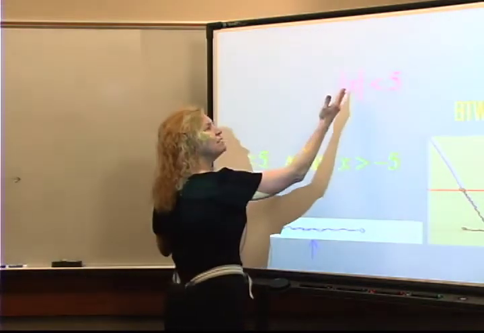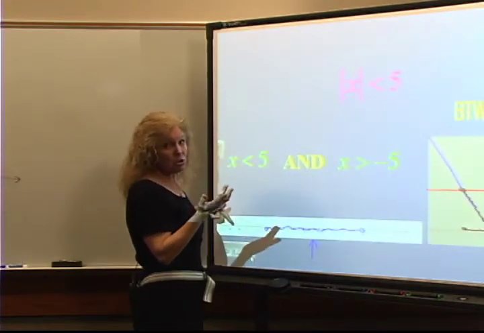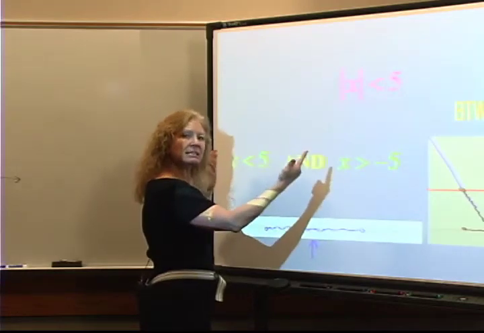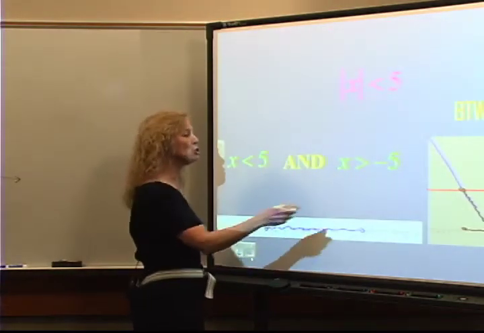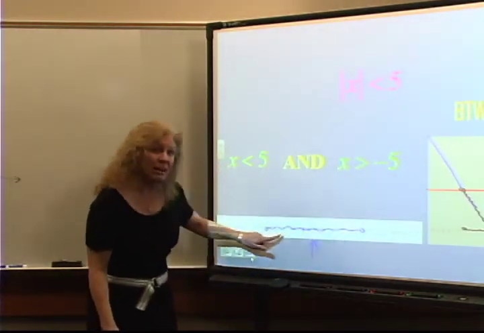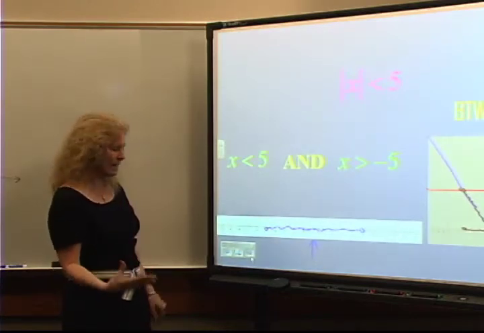But if you put negative 10 into there, I don't get a solution. These two things have to simultaneously happen. It has to be smaller than 5 and has to also be bigger than negative 5, which, by the way, this picture is showing. All right? So we do change the word in there.